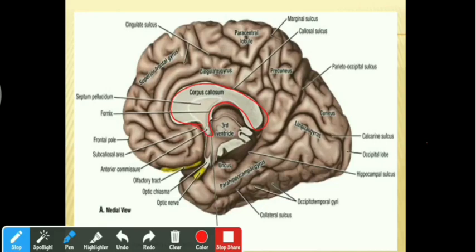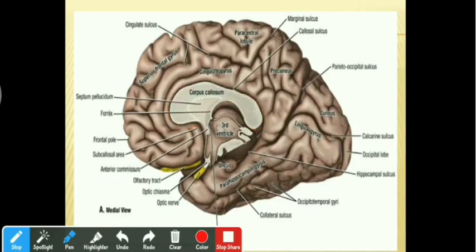This is called the corpus callosum, and it is a C-shaped thick bundle of commissural fibers. It has three parts. The central part is called the trunk. The posterior part is thick and is called the splenium, and the anterior curved end is called the genu.